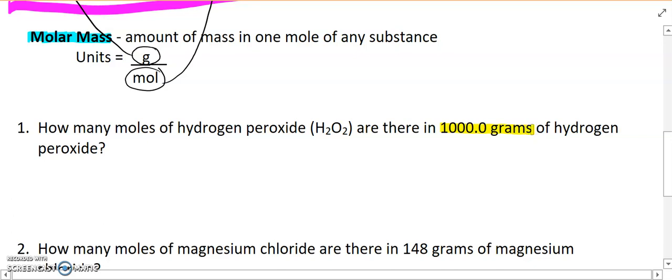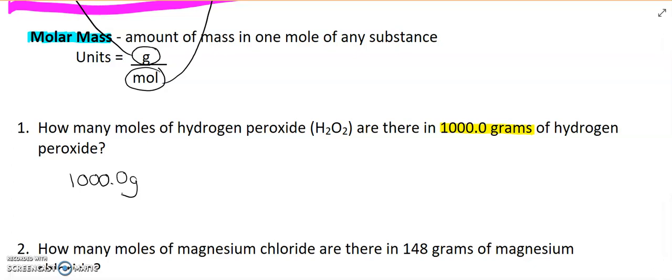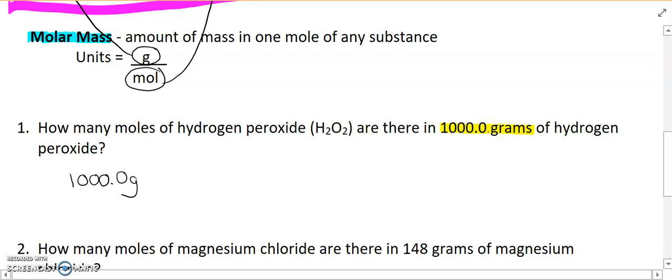So if I have 1,000 grams, I'm going to start with 1,000.0 grams. Now, it is really important that you don't just randomly start pulling numbers out of chemistry problems. Take a second and read the question, because there's 2 parts to the question. I'm starting with grams, but my question wants me to find how many moles are in those grams.